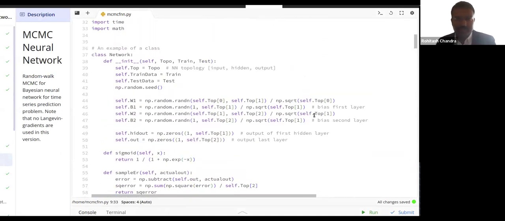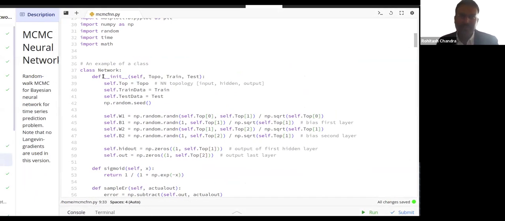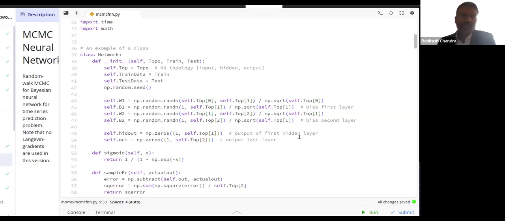Firstly, instead of a linear model, in this case we are going to have a neural network. You have seen this code in previous lessons, but if you have not, note that we have W1 weights from the input to the hidden layer, the bias of the hidden layer, and we assume that we only have a simple one hidden layer neural network, weights from the hidden to the output, and the bias of the output layer.